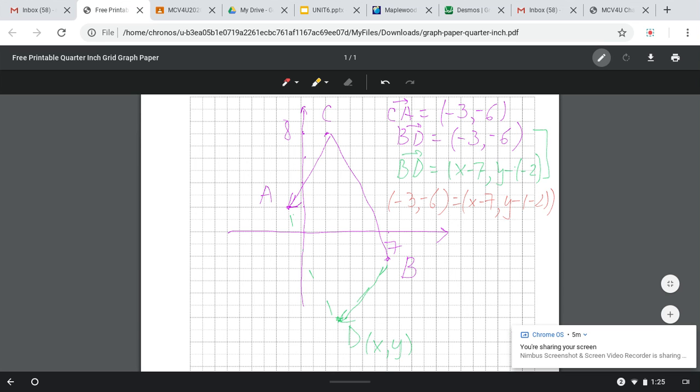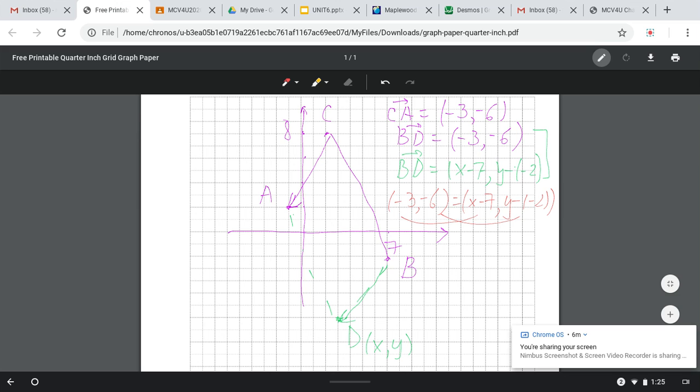So now, by just equating the corresponding components, -3 is equal to x minus 7 and -6 is equal to y minus -2, I will be able to solve for the unknown variables.